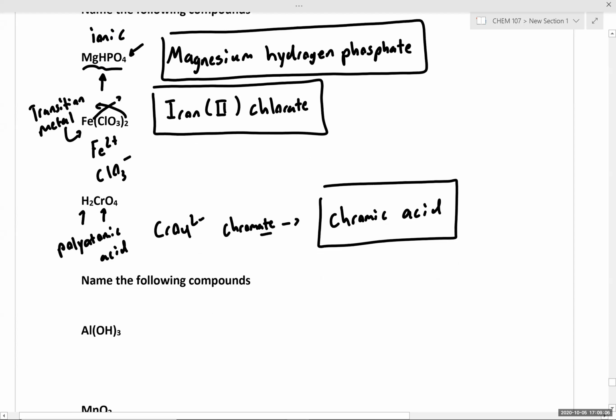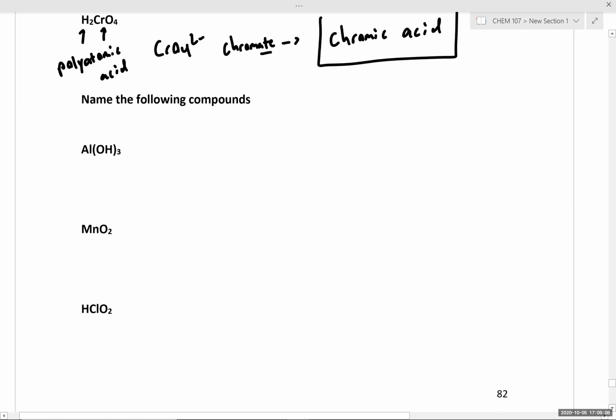Okay, so let's now have you work on these 3 examples. Let's spend about 4 to 5 minutes on these 3 examples, and I'd like you to propose names for the following 3 compounds. Don't be shy to share your proposed names for each of these compounds in the chat, and if you have any questions, share them in the chat or verbally, and we'll discuss this example in about 4 to 5 minutes.